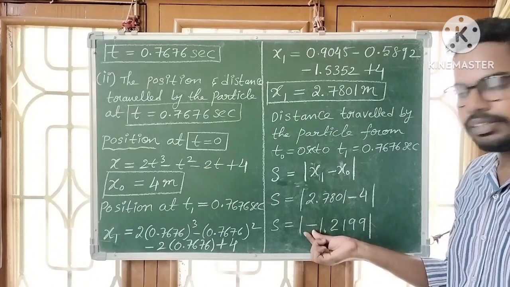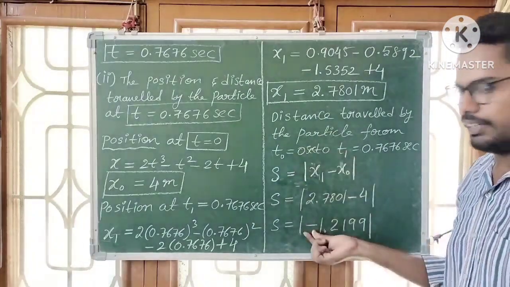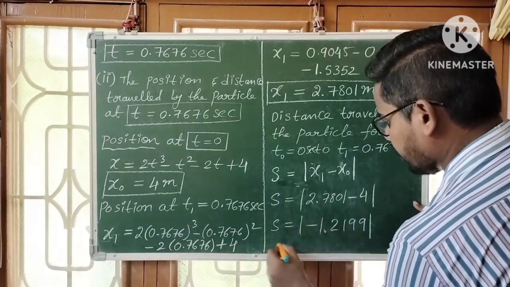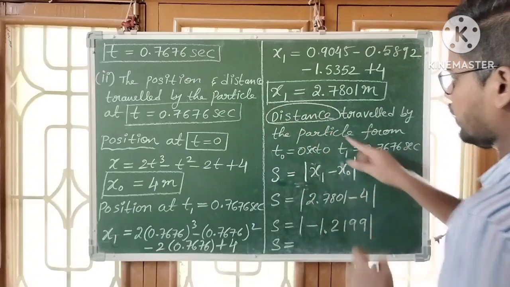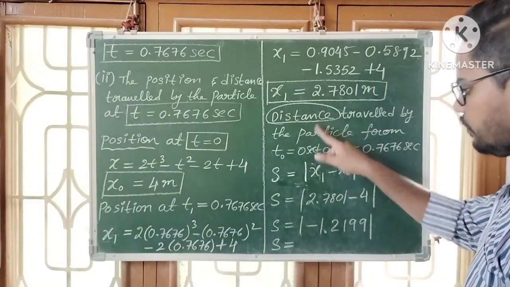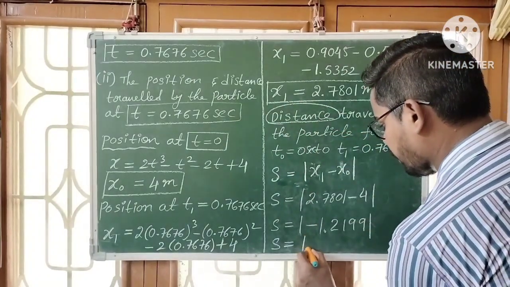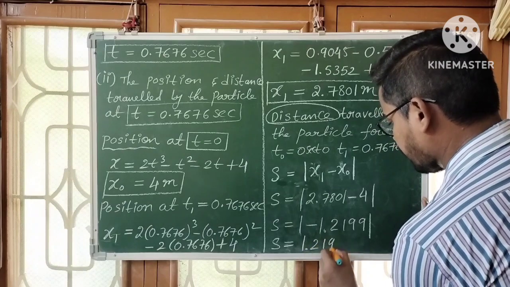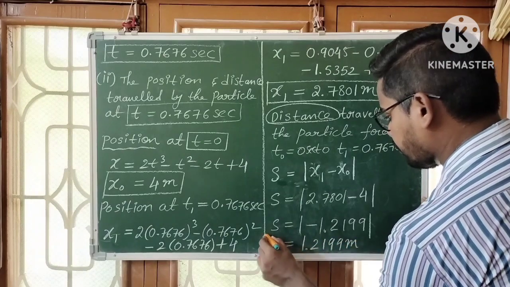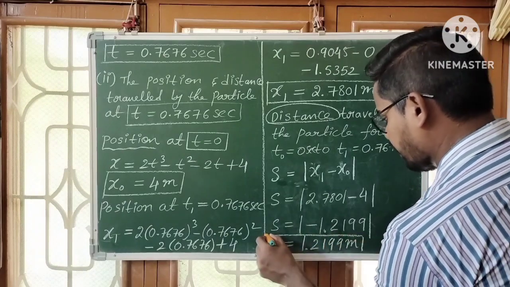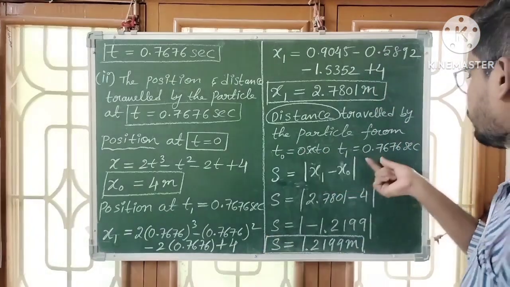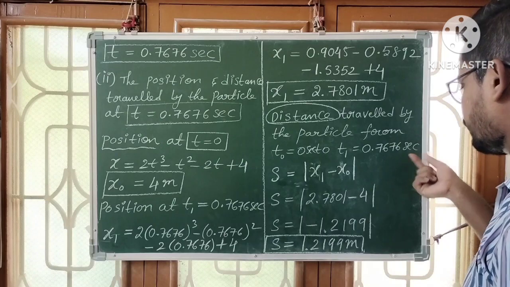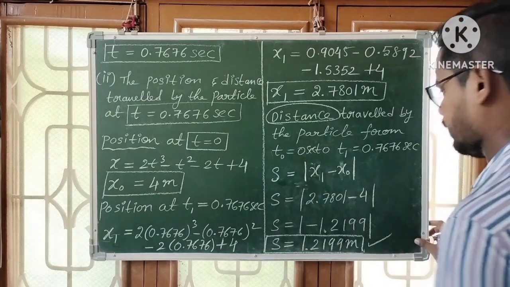The modulus value is always positive. Remember, distance is a scalar quantity, so it has no direction, so it must be positive. So 1.2199 meters is the distance travelled by the particle from t is equal to 0 seconds to t is equal to 0.7676 seconds. This is the second question answer.